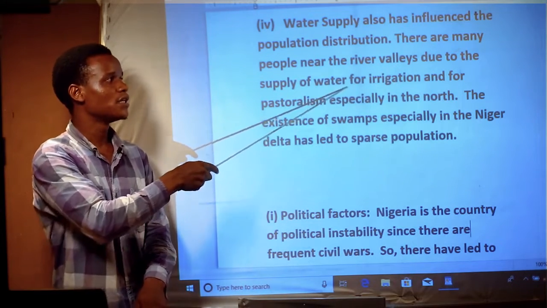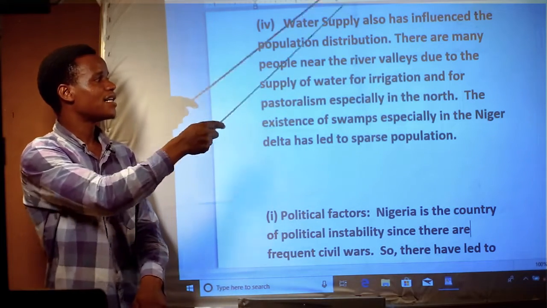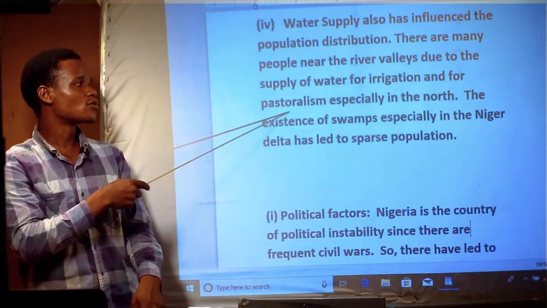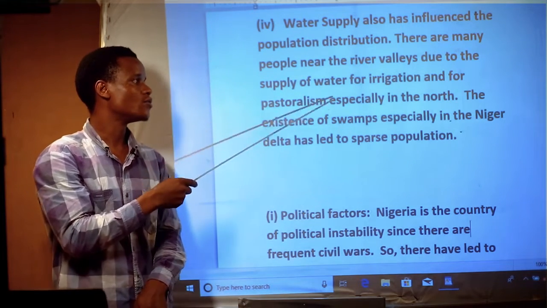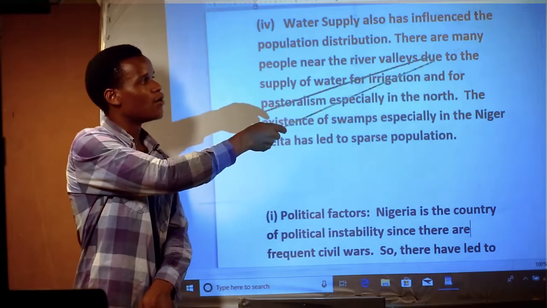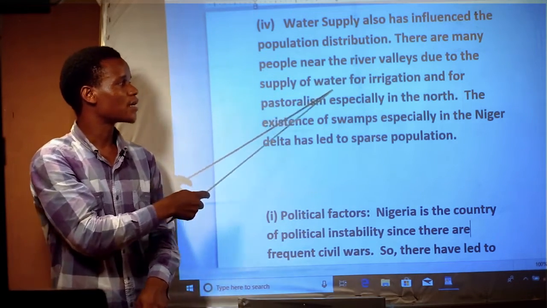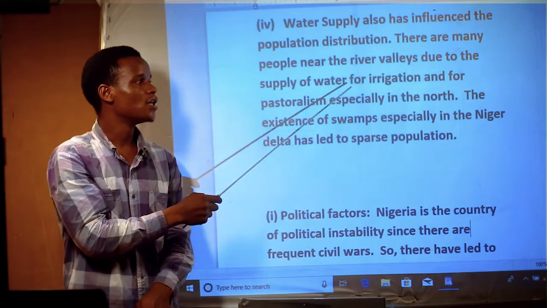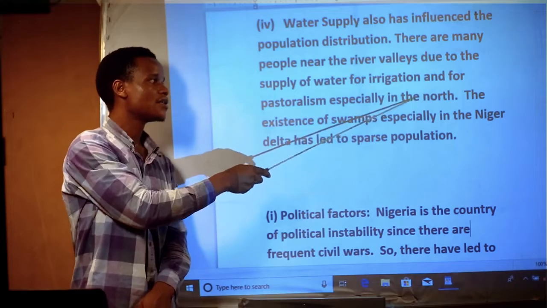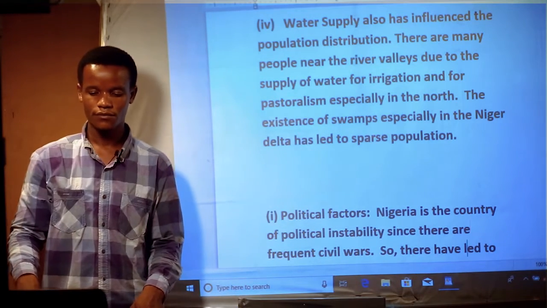They practice irrigation due to the presence of water, and others practice pastoralism. They engage in keeping animals. So in the north of Nigeria, most people practice agriculture and pastoralism since there is availability of water. So this area of northern Nigeria tends to have a high population compared to the south.